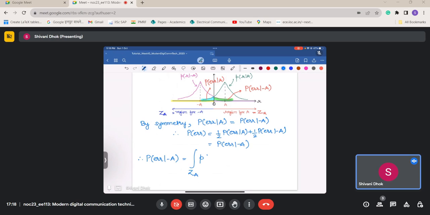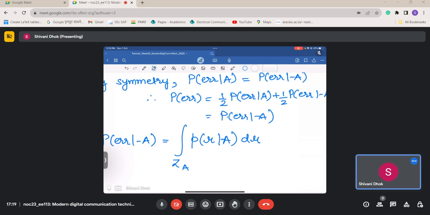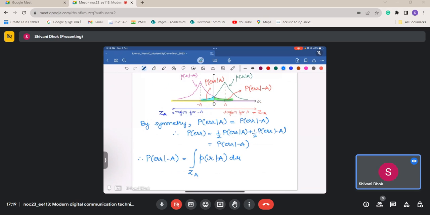Sorry, I made a mistake here. So the PDF is r given minus A, since I have transmitted minus A. However, this r which I am receiving lies in this region Z of A, so I will have to integrate this PDF over the region of A. So this is the probability of error given minus A.